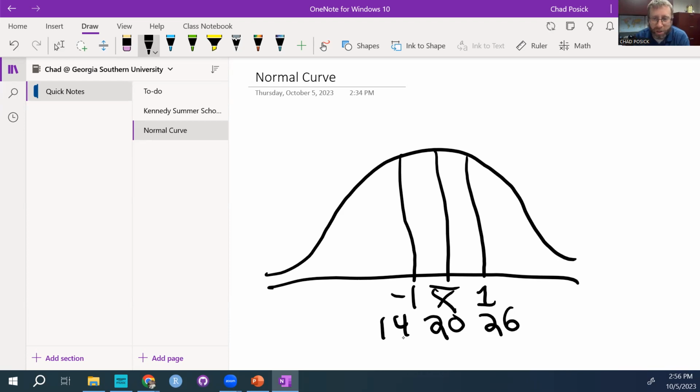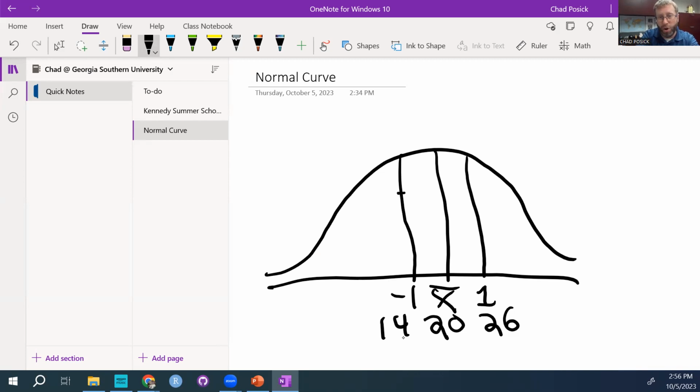So this means something really interesting, right? If I were to ask you real quickly on the video, what percent of people are between a score of 14 and a score of 26? How would you do that? What percent of people who took the psychopathy test scored in between 14 and 26, in that range?